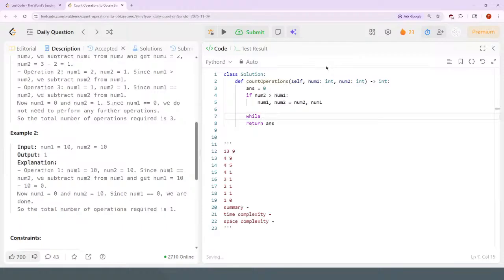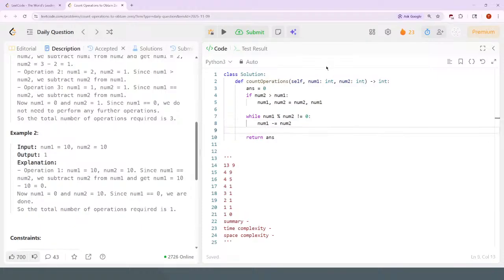And I think here, while the remainder of num1 divided by num2 is not equal to 0, keep on doing this. I think it'd be num1 subtracted by num2. And then same thing here. If num2 greater than num1, swap num1, num2.